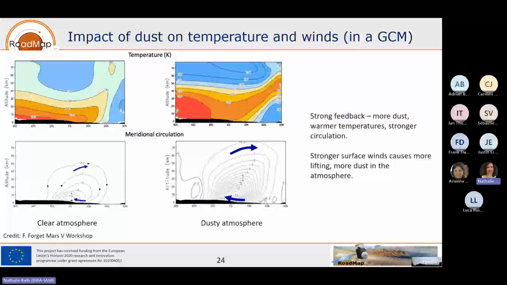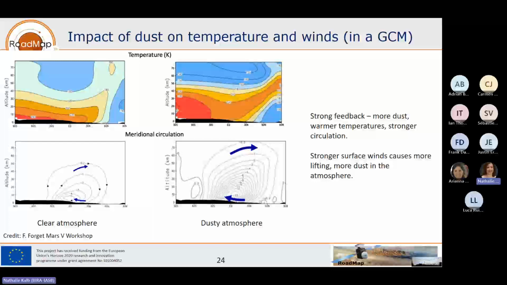We don't have observations of winds, so I just wanted to show how dust affects circulation. This is actually from a model, and I credit Francois. I stole it off of one of his slides. This is a non-dusty case. This is a zonal slice. So you've got southern hemisphere, northern hemisphere, and height.